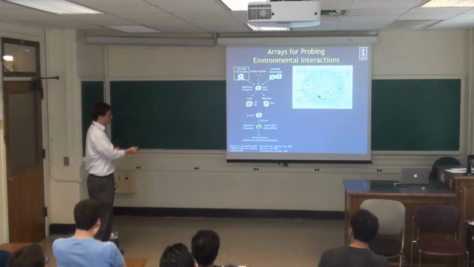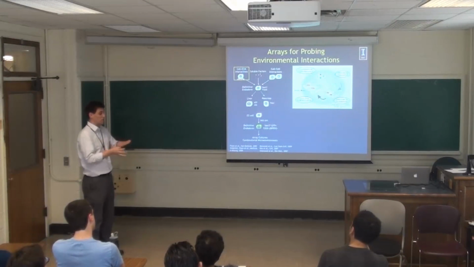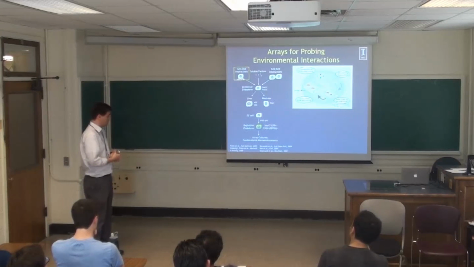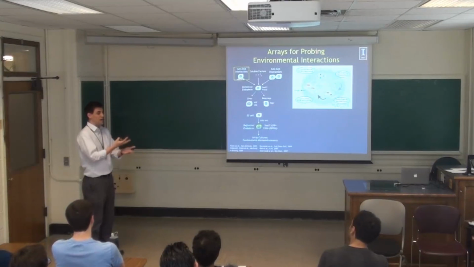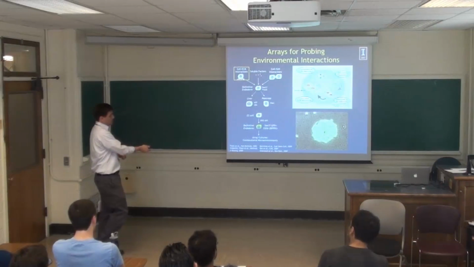Then we add these endoderm cells on top of our arrays, which are arrays of combinations of ECM, which I'll go through more in a second. We can then perform these combinatorial experiments where we've highly defined the local environment of what the cells experience. This is one island of an ECM array, and these are GFP positive endoderm cells.